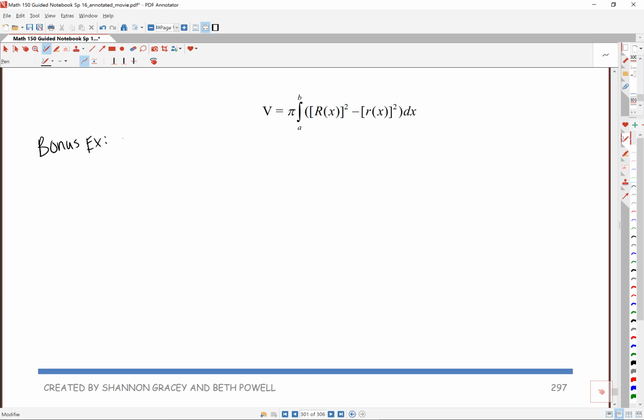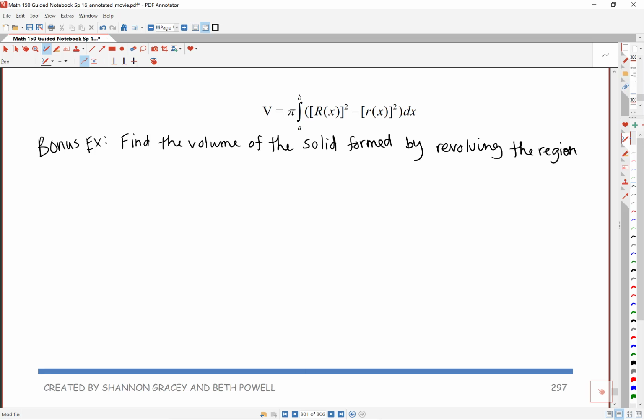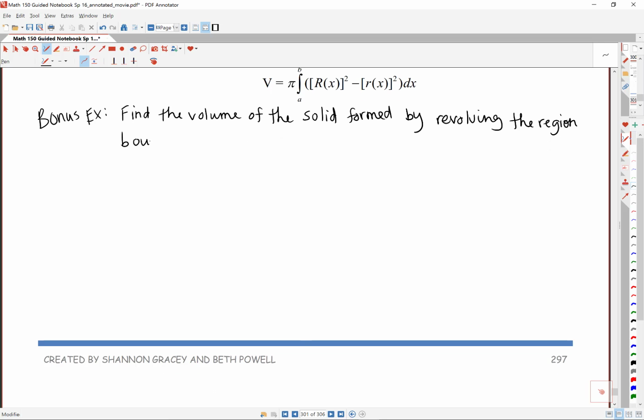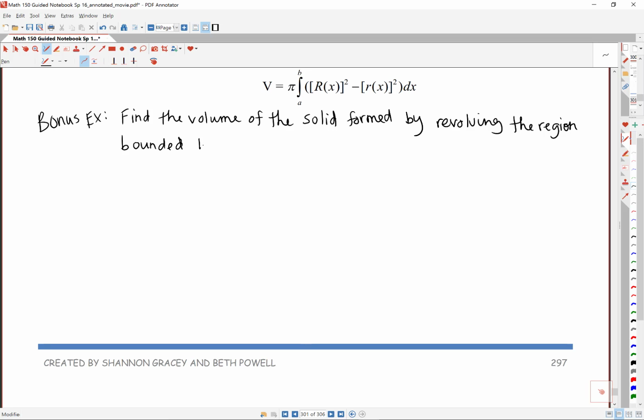And we want to find the volume of the solid formed by revolving the region bounded by the graphs of y equals the square root of x and y equals x squared.